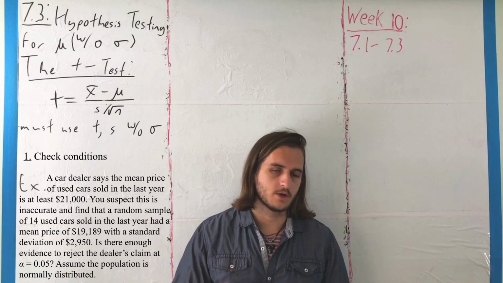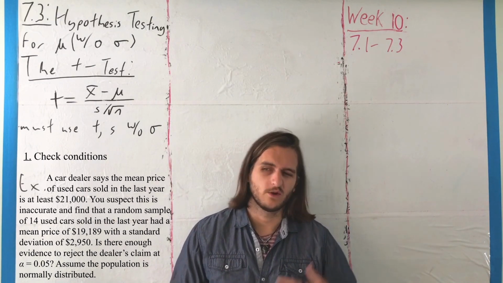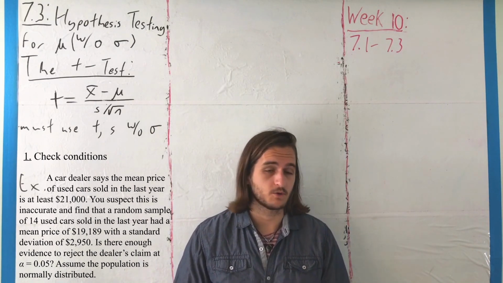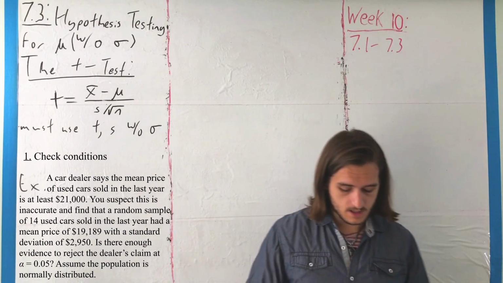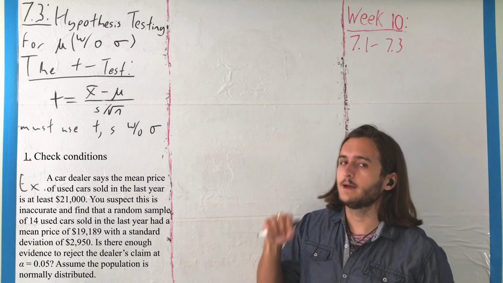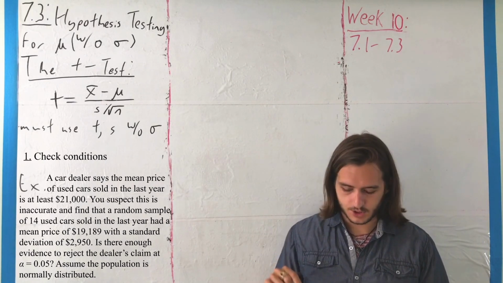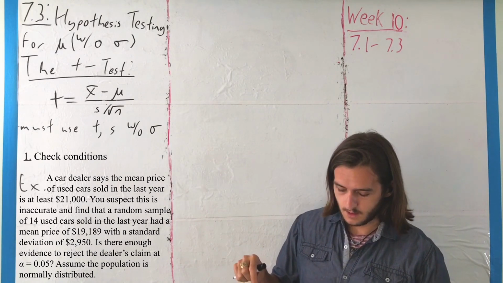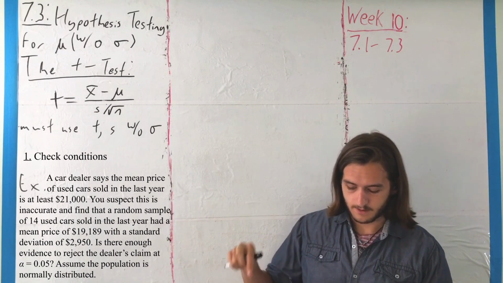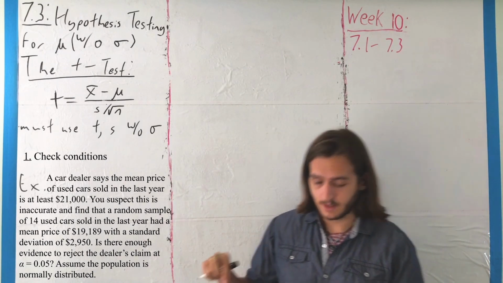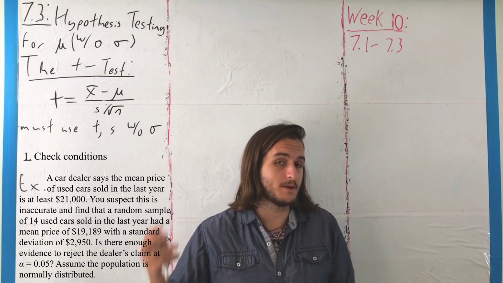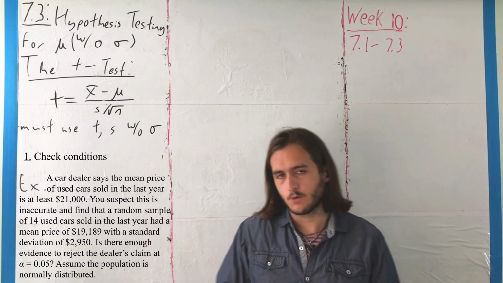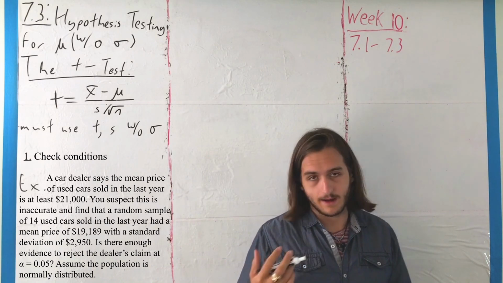And in particular here, something you should pay attention to when you're trying to figure out what way to approach these problems, whether it's a z-test or a t-test or what have you, is that when they're talking about the mean and standard deviation in that second part, they say the mean price of the sample of 14 is 19,189, and the sample standard deviation, they don't specifically say sample, but in that context it should be somewhat clear, is 29.50.